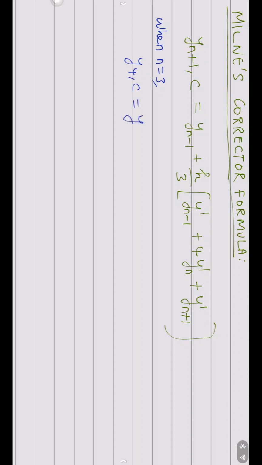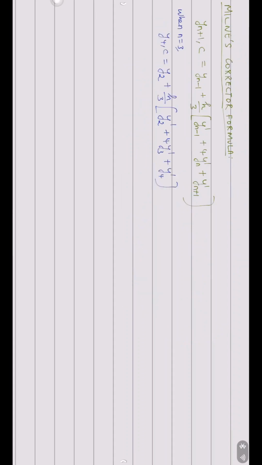When we substitute n equal to 3, Milne's corrector formula changes to y4, c equal to y2 plus h by 3 times y2 dash plus 4 y3 dash plus y4 dash.